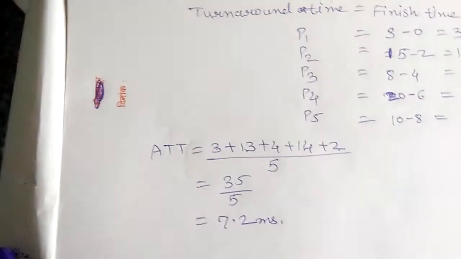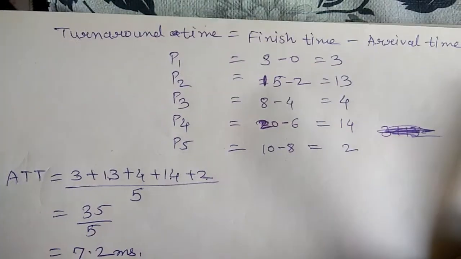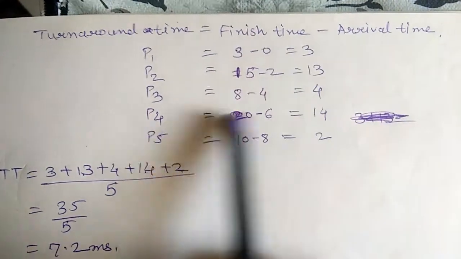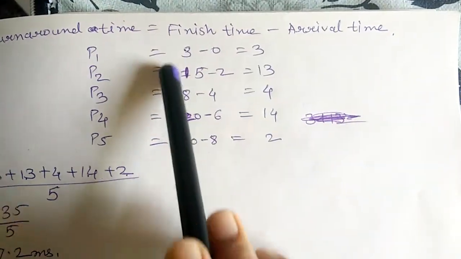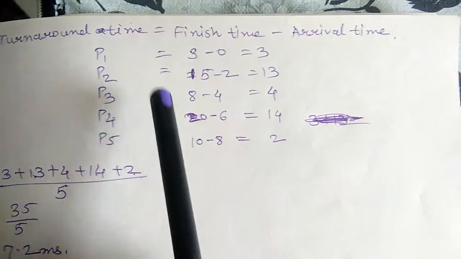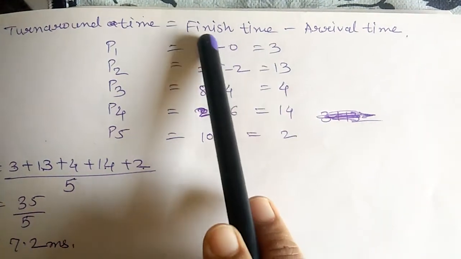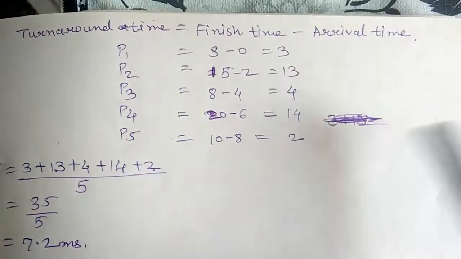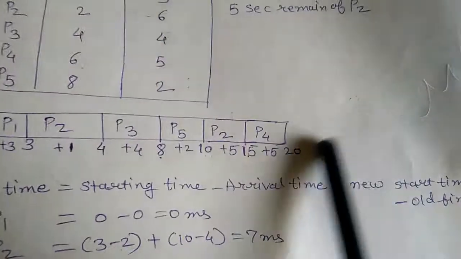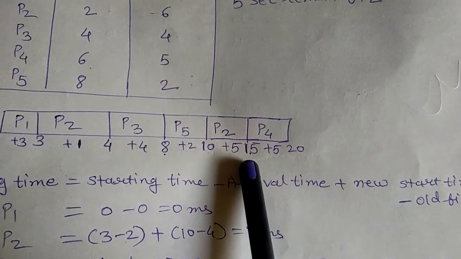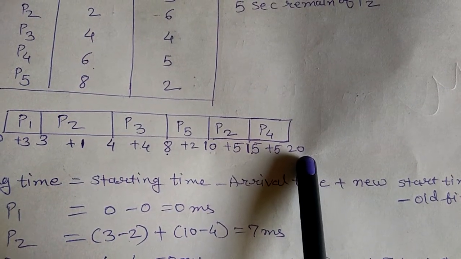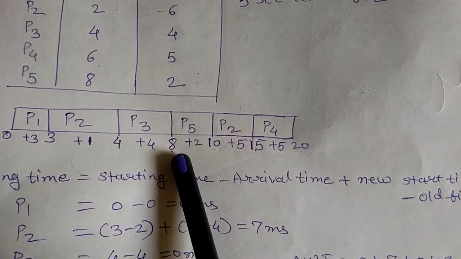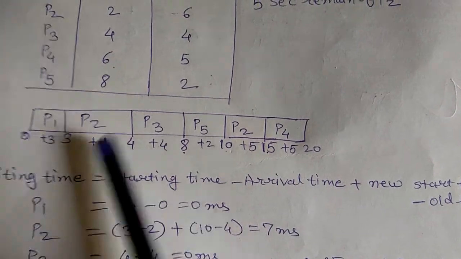As usual, we have calculated the turnaround time. There is no separate formula to calculate the turnaround time. Turnaround time equals finish time minus arrival time. So as usual, I have calculated it for P1, P2, P3, P4, P5. We take the finish time which is given in the Gantt chart. The finish time of P2 is 15 seconds, 20 seconds for P4, 8 seconds for P3 and 3 seconds for P1.